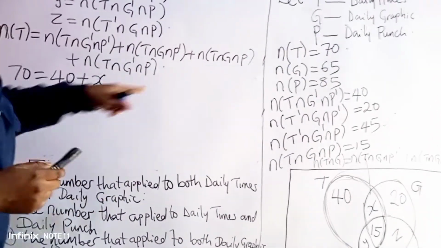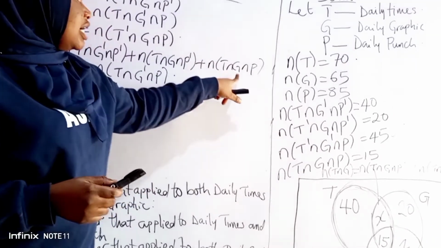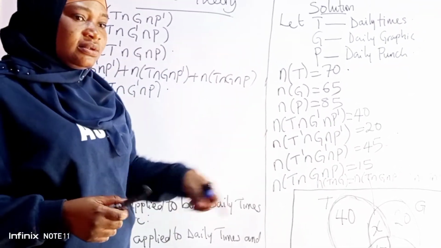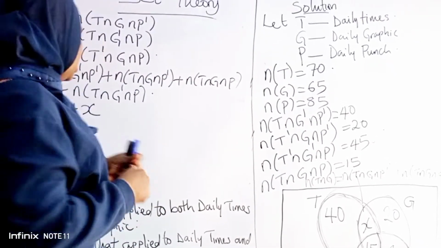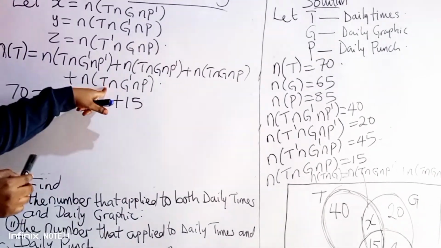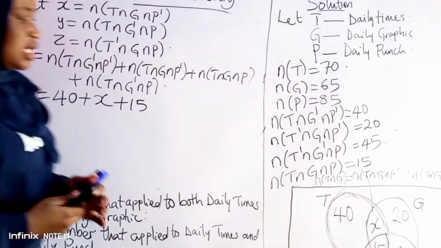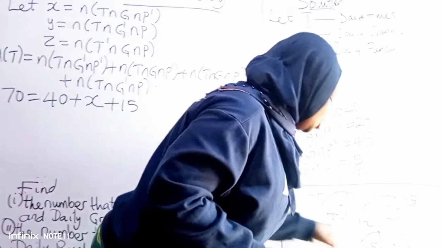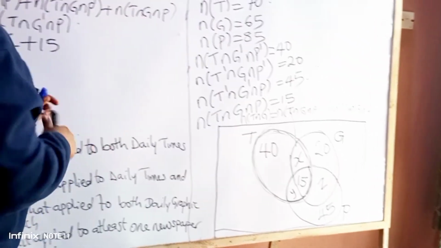Then cardinality of daily times, graphics and punch is what? 15. Good. So cardinality of daily times and punch only. Daily times and punch only is what? Y. Thank you.